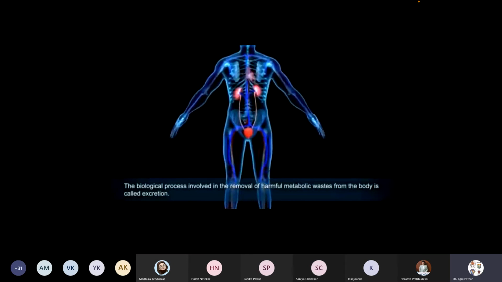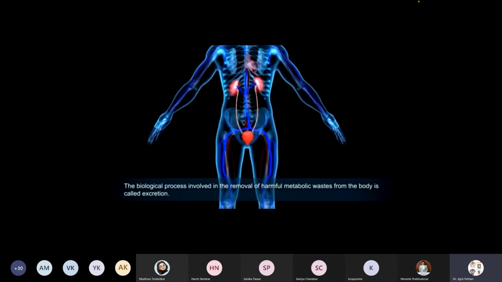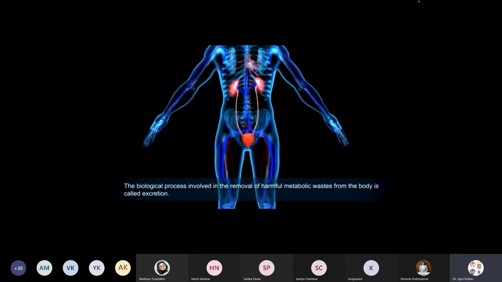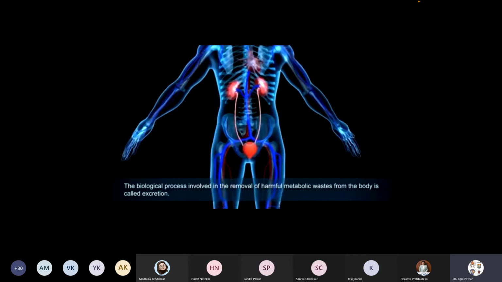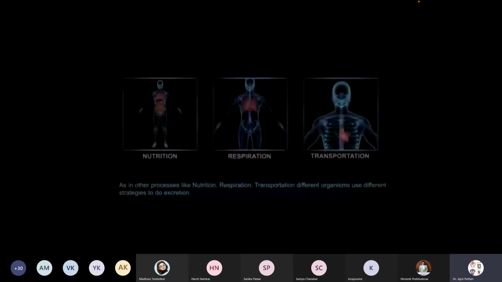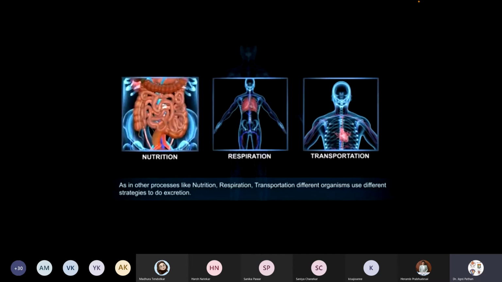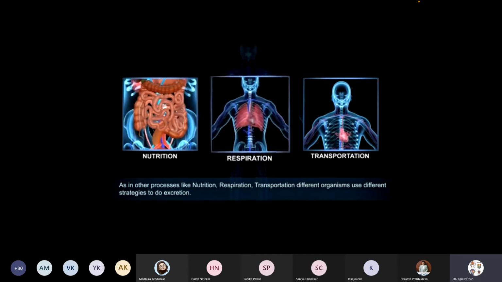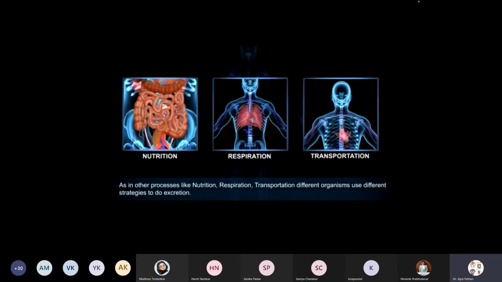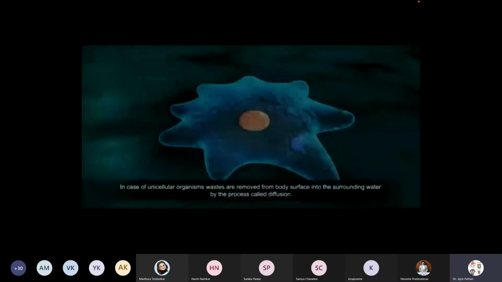Excretion. The biological process involved in the removal of harmful metabolic wastes from the body is called excretion. As in other processes, nutrition, respiration, transportation, different organisms use different strategies to do excretion.